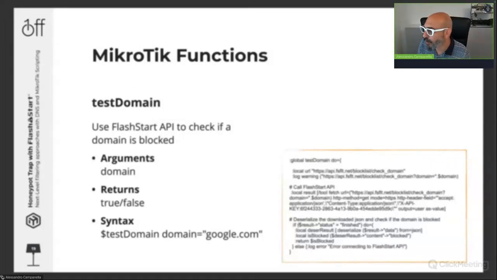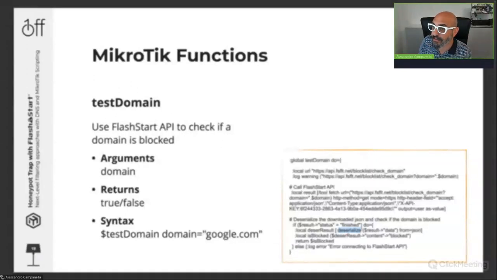Have a look at the use of the arrays. So for example, the result is an array that collects three information: the status and data and something else. I want to verify if the status is finished, and if the status is finished, then I want to deserialize.